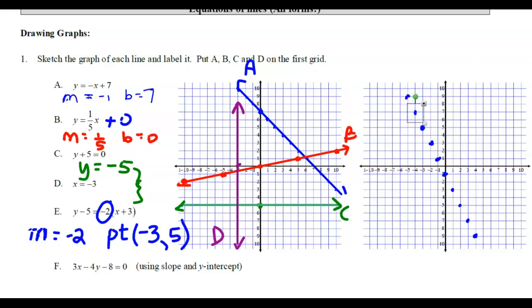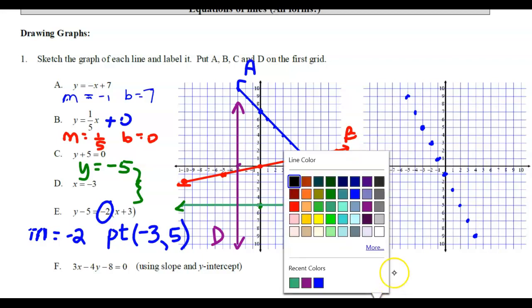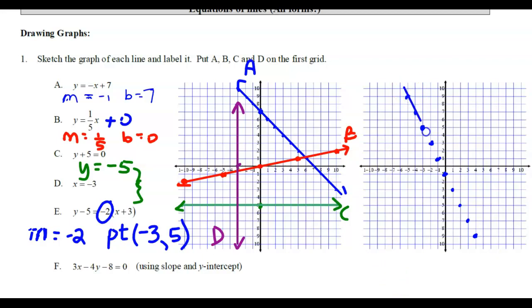Okay, just a sec here. Okay, and then arrows on the end. So that's E.